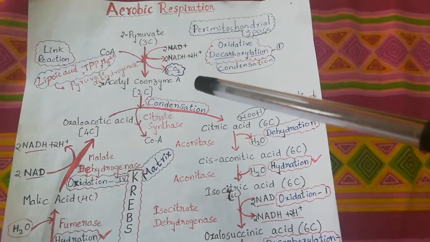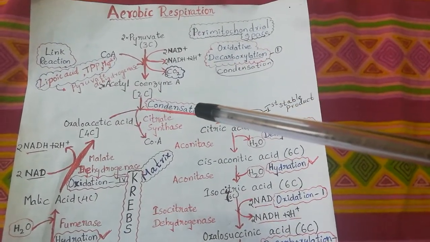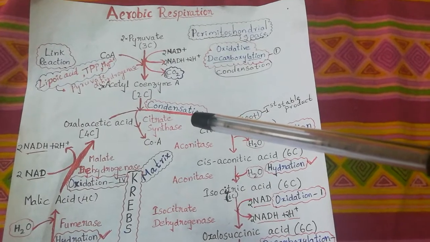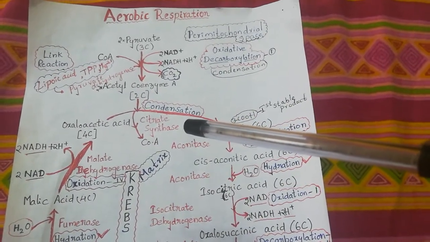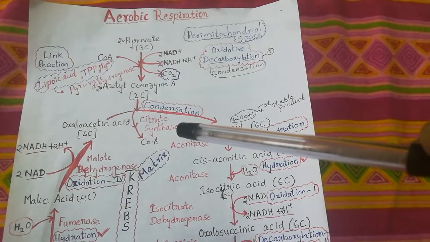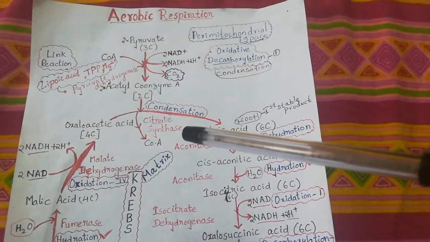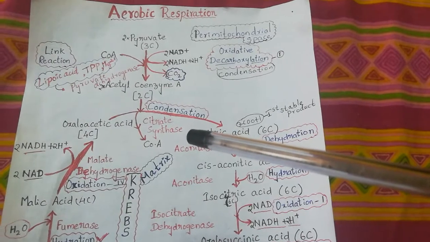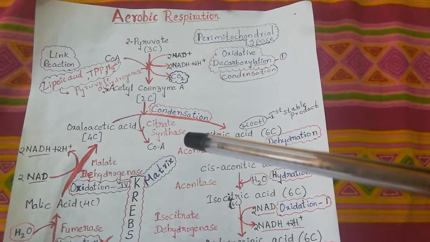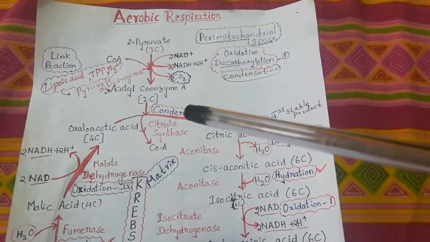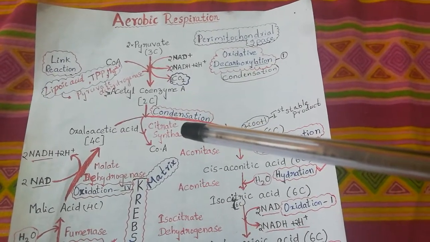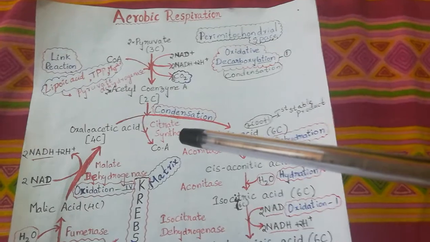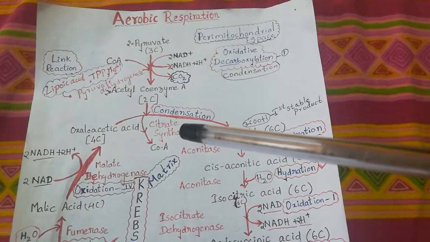All these oxidations occur in a step-by-step sequence, and the strategy behind this is to trap the energy released during oxidation in order to synthesize ATP. So the main aim is not to let the energy be wasted, so that the complete energy released during oxidation will be trapped for ATP synthesis.